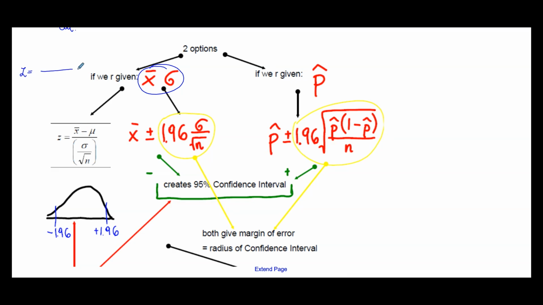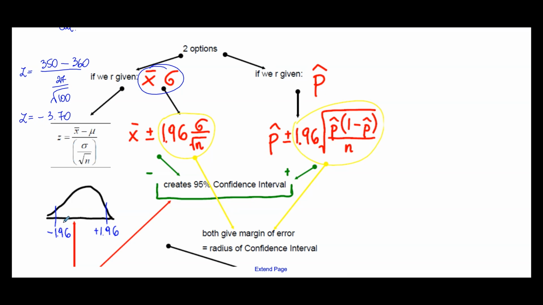So if it is the z-score, in our case, the sample mean is 350 minus the mean of the population 360, over the standard deviation 27 divided by the square root of n, where n stands for the number in the sample, in our case 100. So when we put that in the calculator and press equal, we get that z is minus 3.70. Now, how do we test it?